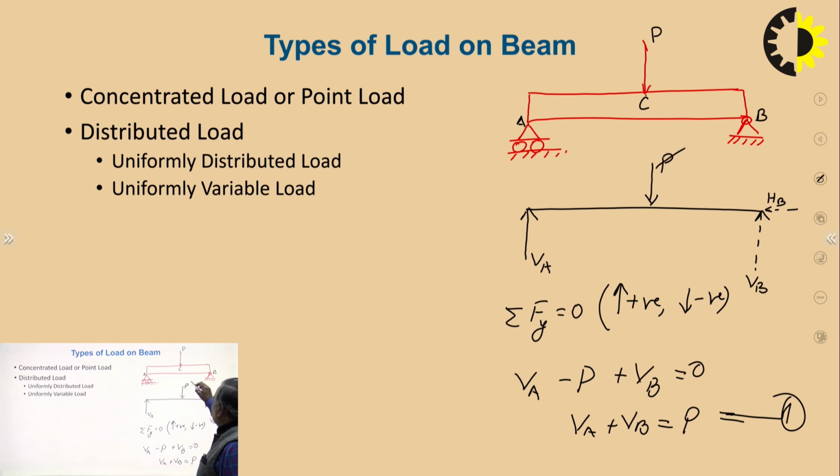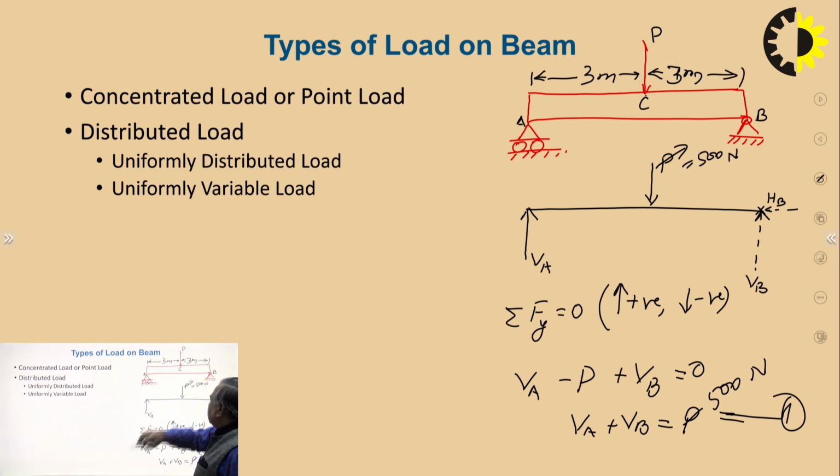Suppose P is 500 Newton for illustrative purposes. Now taking the moment about B, let this distance be 3 meter and this 3 meter, for example, no problem.